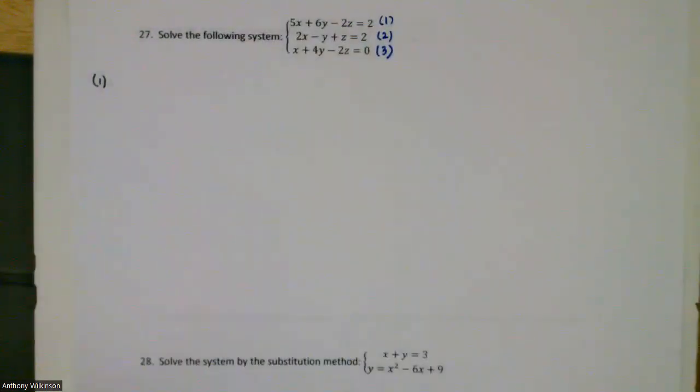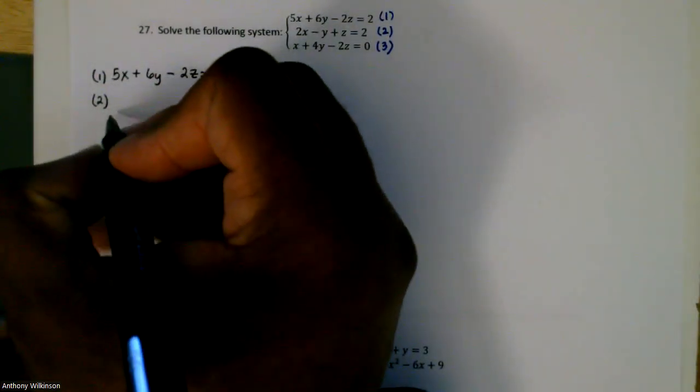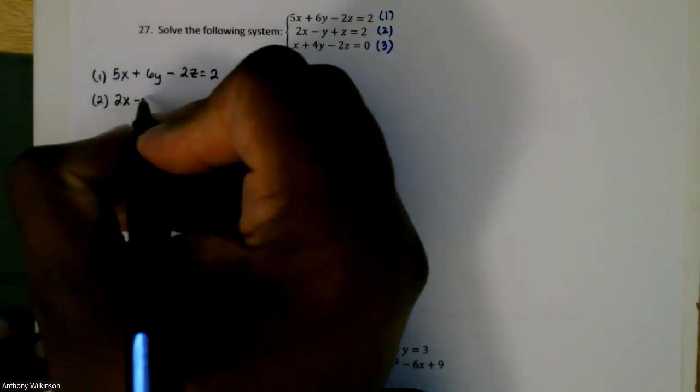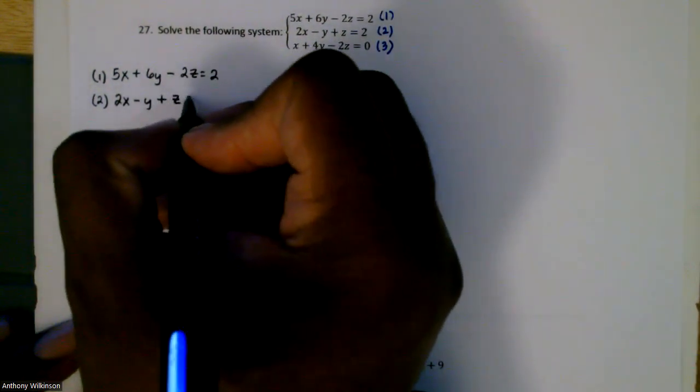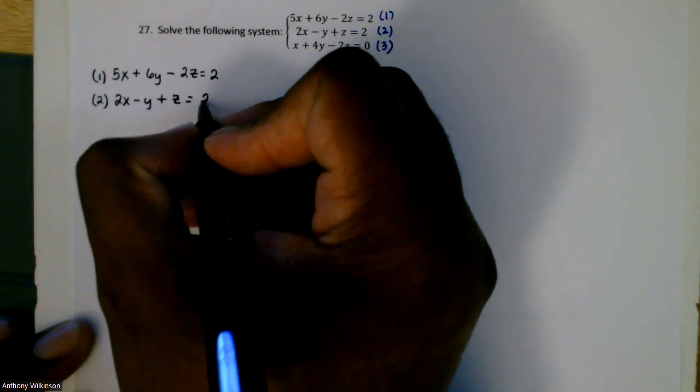Equation 1 is 5x plus 6y minus 2z is equal to 2. And then I'm going to work with the second equation, which is, of course, 2x minus y plus z equaling 2.